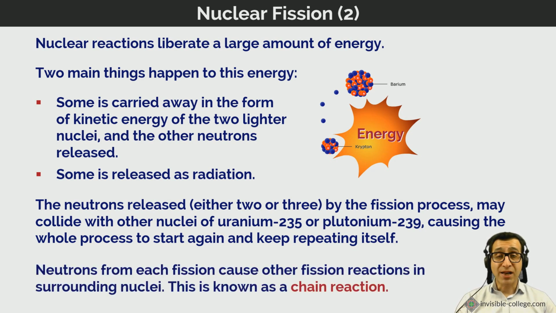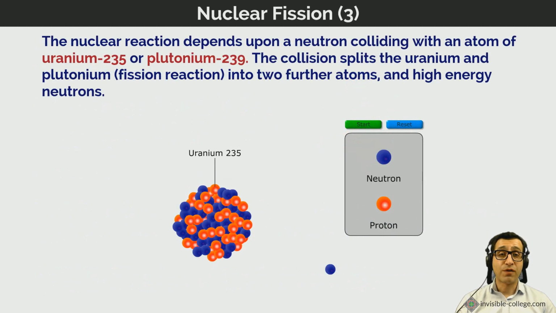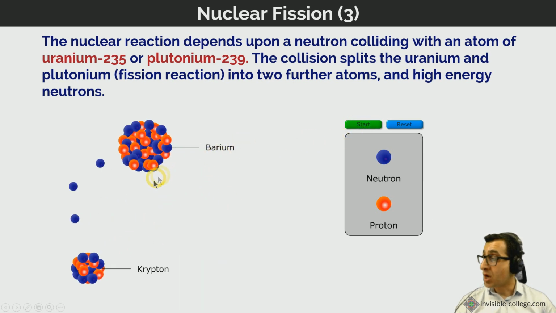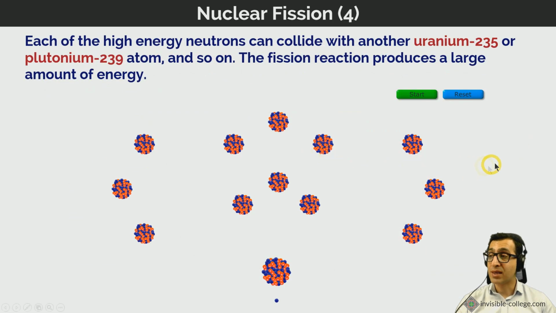Now, the nuclear reaction that we're describing depends upon a neutron colliding with an atom of either uranium-235 or plutonium-239, and so that collision splits that nucleus into 2 smaller atoms and large amounts of energy being released, as well as 2 or 3 neutrons, which can then go on to be absorbed by other nuclei in the surrounding area.